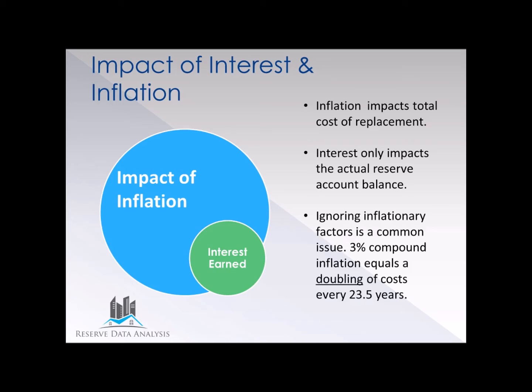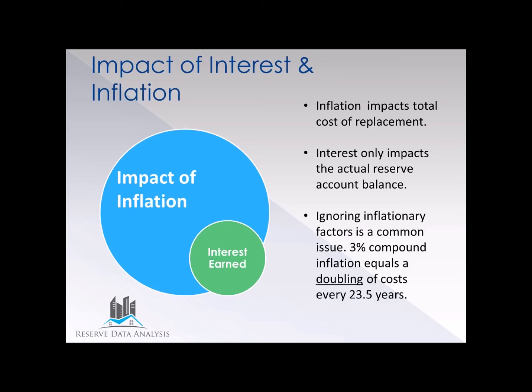But the reason the interest has such a minimal impact compared to inflation is that interest is only earned on your actual reserve account balance. So if you have $100,000 in the reserve account and you earn 1% interest, that's $1,000 you will earn in 1 year. As opposed to that, inflation impacts the cost of all the components over time in the building.